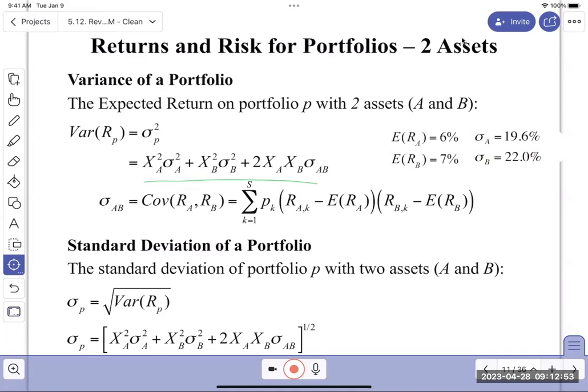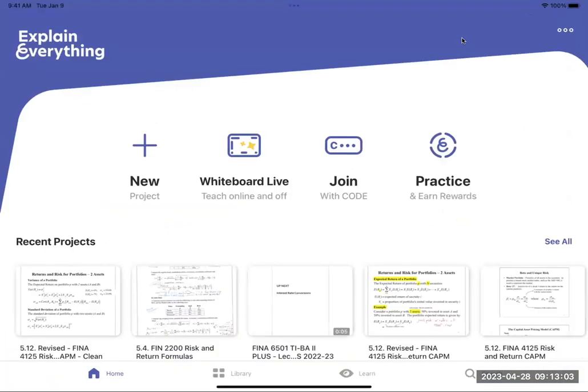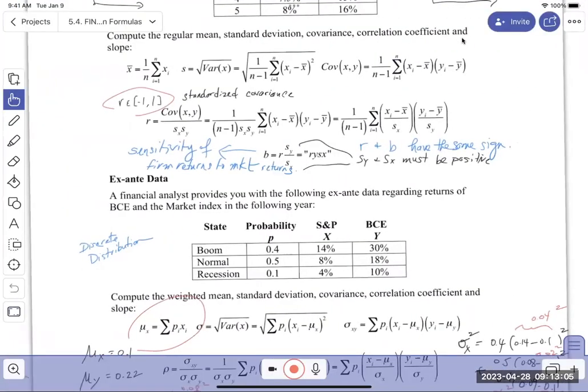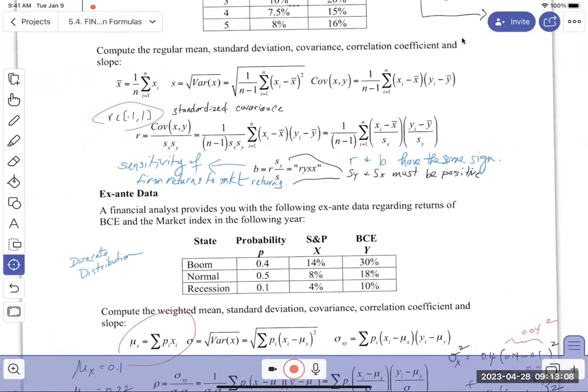We have this, all we need is this. So we need to calculate the covariance, and it looks menacing, but it's really just this formula here. So we're going to enter the values to solve this.